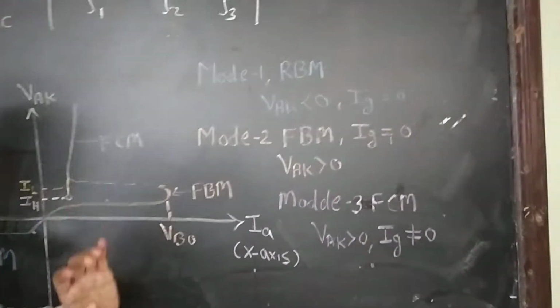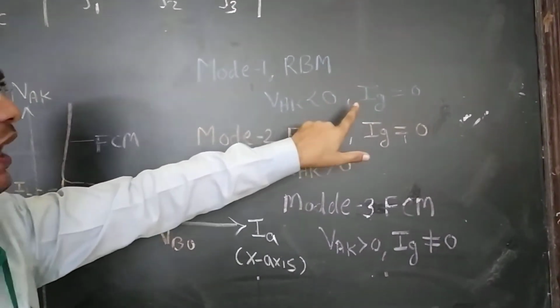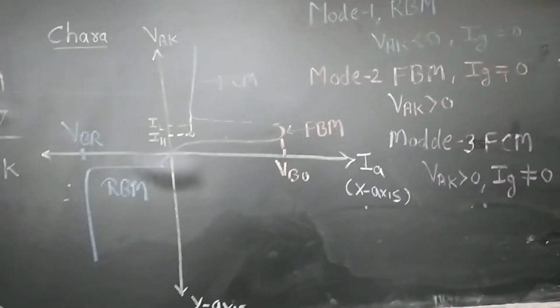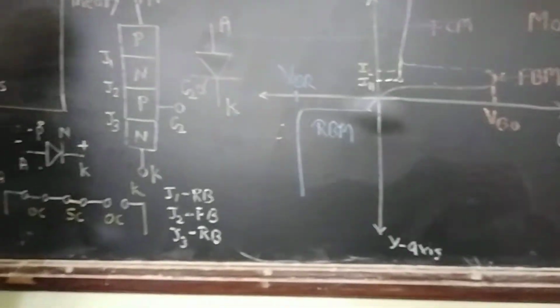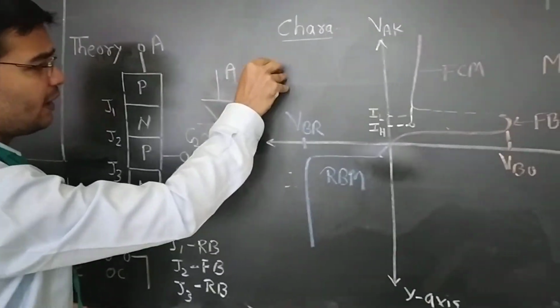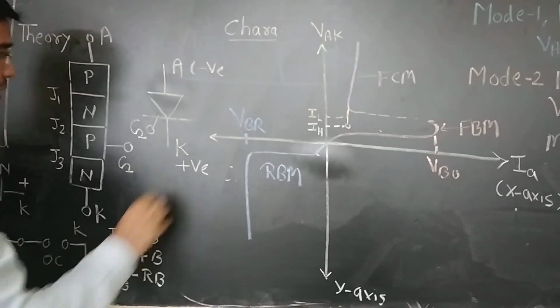Under this, the first mode is called the reverse blocking mode operation. In the reverse blocking mode, the anode to cathode voltage is less than 0 and no gate current is provided. It means under this mode the anode is connected to the negative terminal of the supply and the cathode is connected to the positive terminal of the supply.